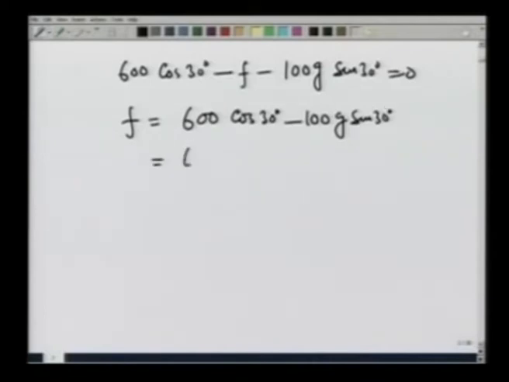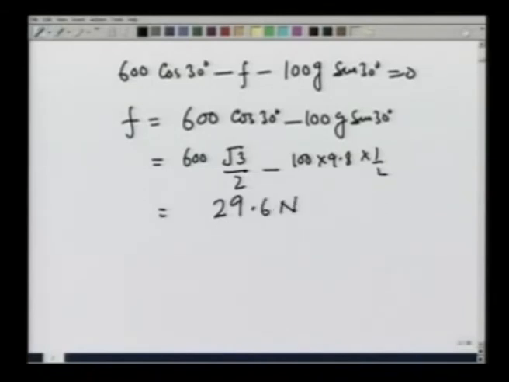This number comes out to be 600 times square root of 3 by 2 minus 100 times 9.8 times 1 over 2, which is equal to 29.6 newtons. So, for equilibrium we require a frictional force of 29.6 newtons.